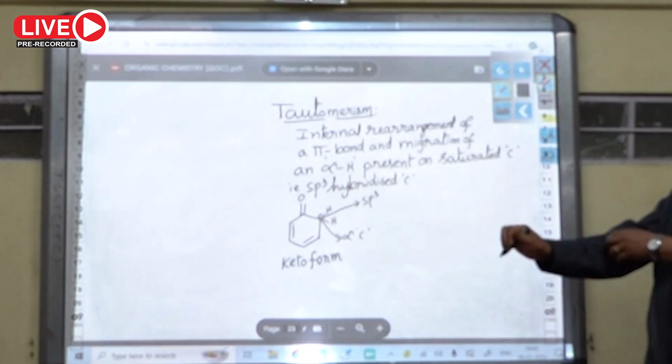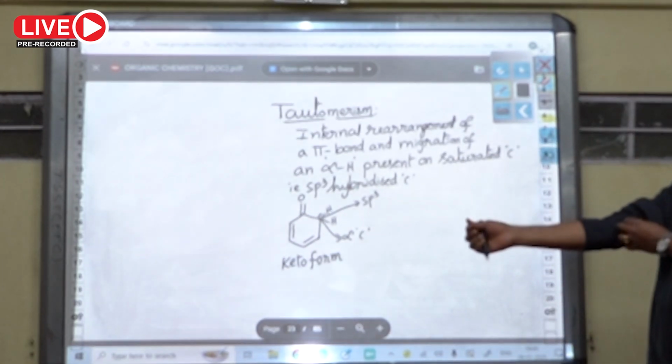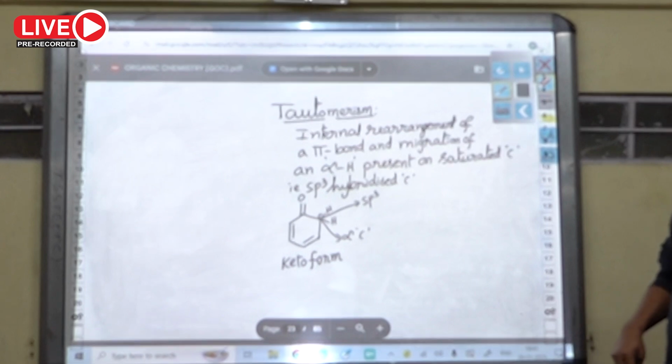Whenever you want to convert a keto form into enol form, the must condition is that the keto form should contain an alpha carbon which is saturated, that is single bonded, or sp3 hybridized.